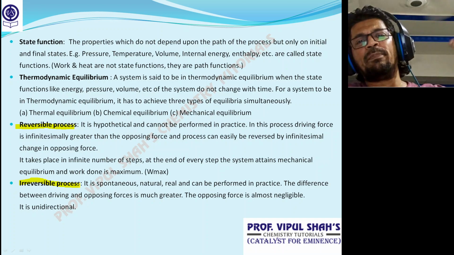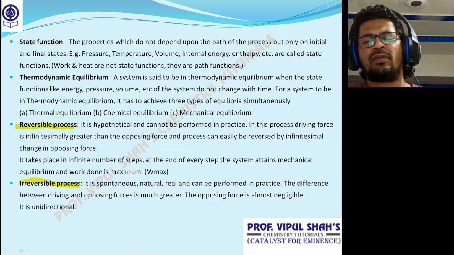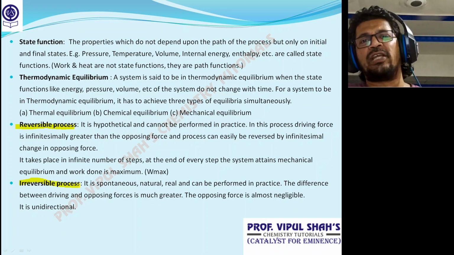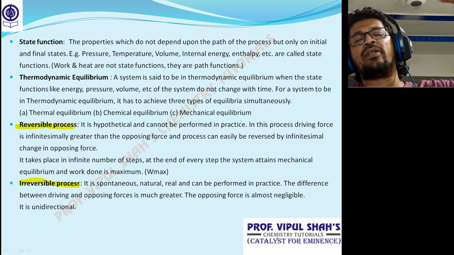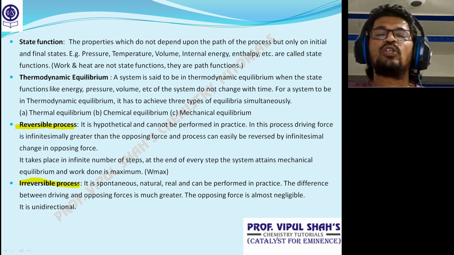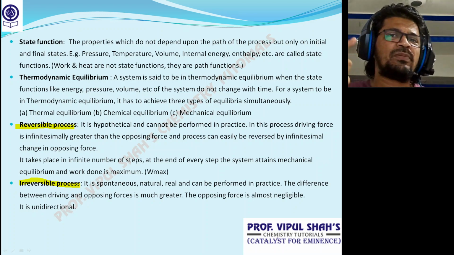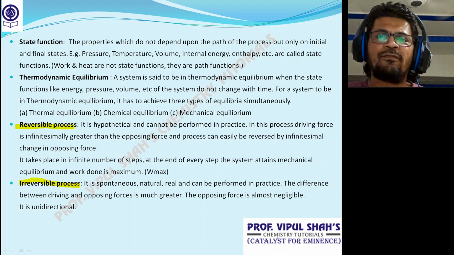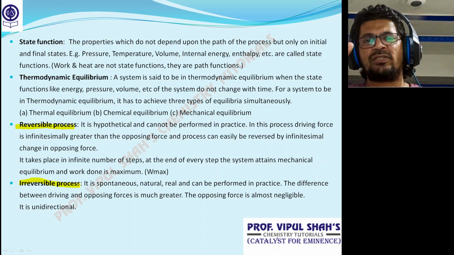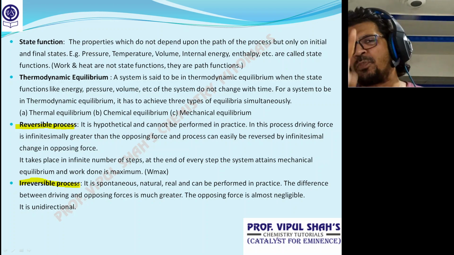And like that, in n number of steps, maybe an infinite number of steps, the piston will displace 100% upwards. So this work done in a large number of steps, where at every step there is an equilibrium between the driving force and the opposing force, we say the work done is maximum, what we call W max. So for W max, put two conditions in your head.